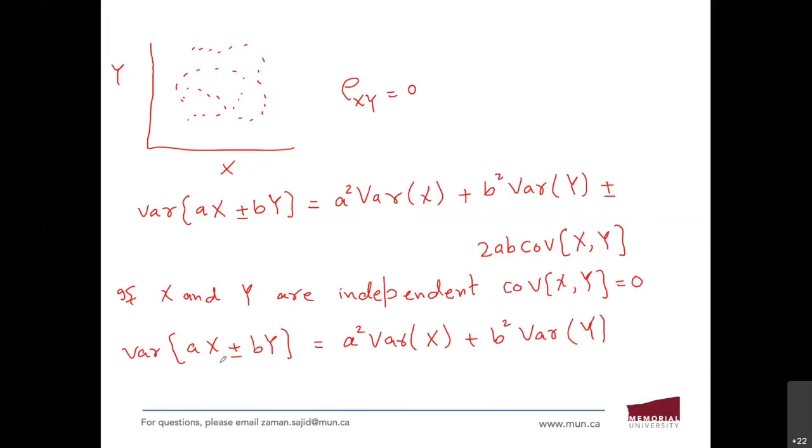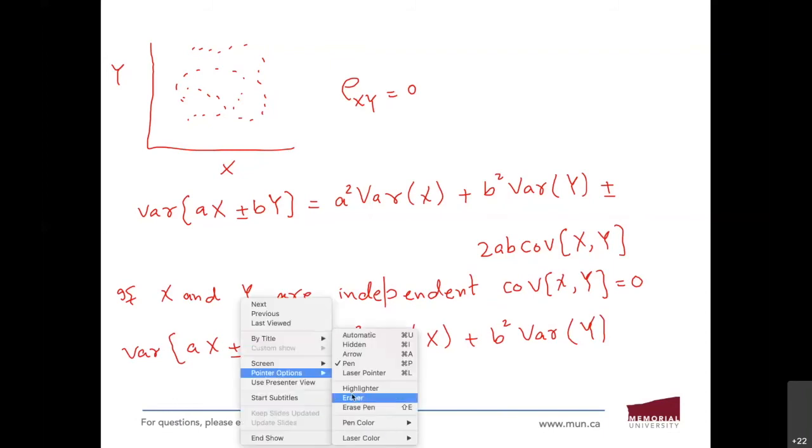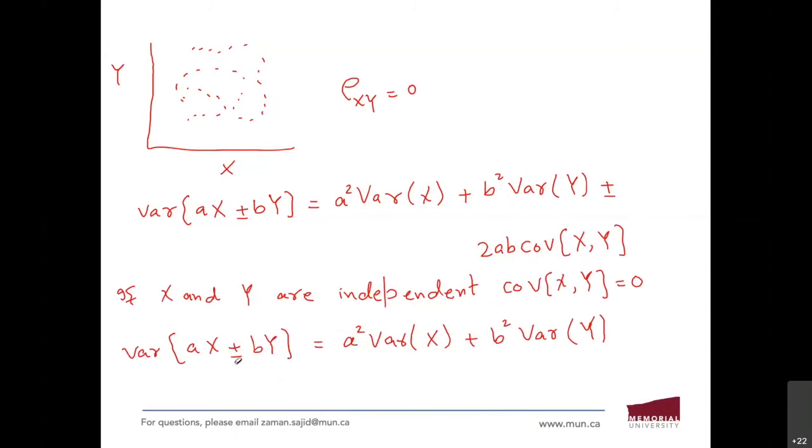Now, in general, we don't subtract the variables, so I can delete this negative from this equation, because the plus or minus only makes sense if I'm using the third term here. But because they are independent, it has been deleted, and generally we don't use the negative.